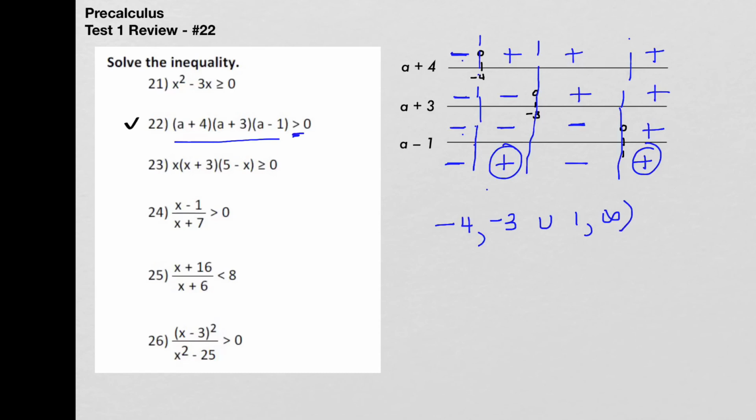And because there's no equal to underneath the greater than sign, it's going to be parentheses on everything. So we have -4 to -3, not including either -4 or -3, and then 1 to infinity, not including the 1. And of course we never include infinity because it's not actually a number. And so that's how you solve that problem.